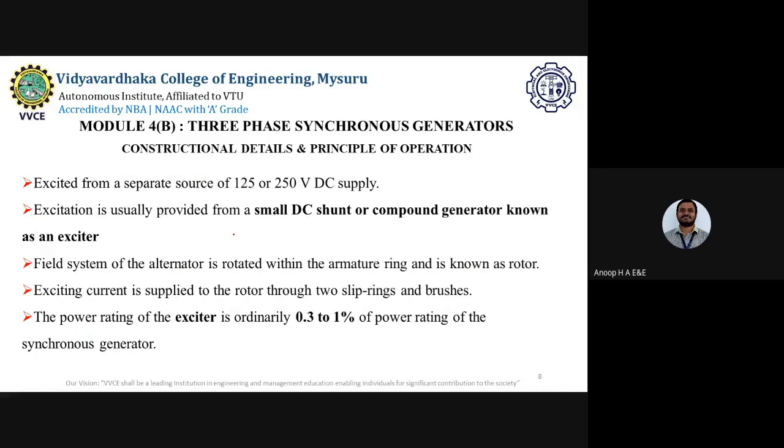Now when I'm talking about the field, more or less the field is supplied from a separate source. It may be a 220-volt DC supply, or in case of higher rating machines, a small DC shunt or a compound generator. Why do we generally go for a DC shunt or a compound generator?